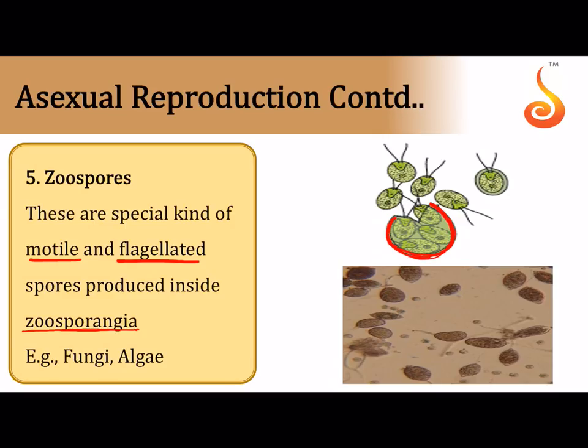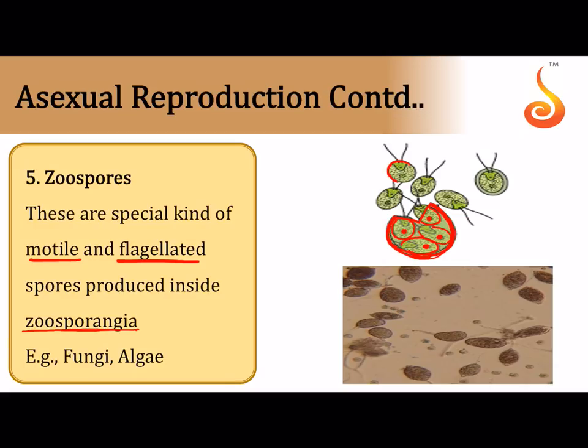The cytoplasm inside the cell undergoes cleavage. The nucleus also undergoes division. See, these are the nuclei. The nuclei get surrounded by cytoplasm and they get surrounded by membrane, new membrane. And then see how it is rupturing here. It's opening up and these daughter cells are coming out.